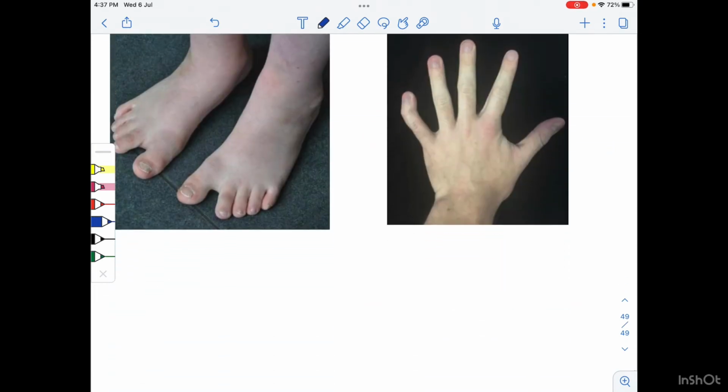Another one, this is a sandal gap. And when the little finger is curved, that is known as clinodactyly. So all these are features of Down syndrome.